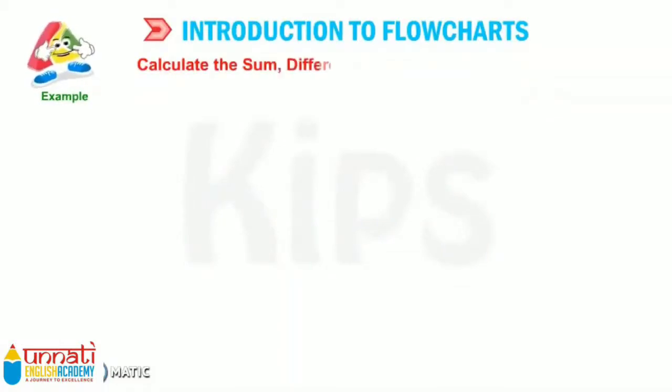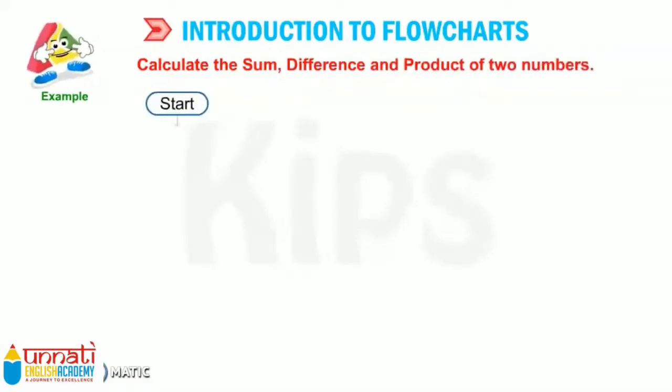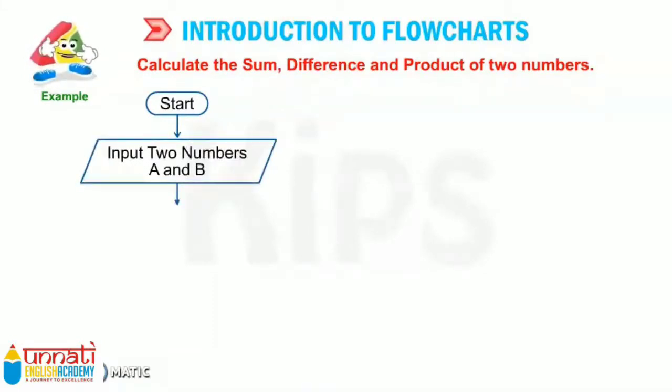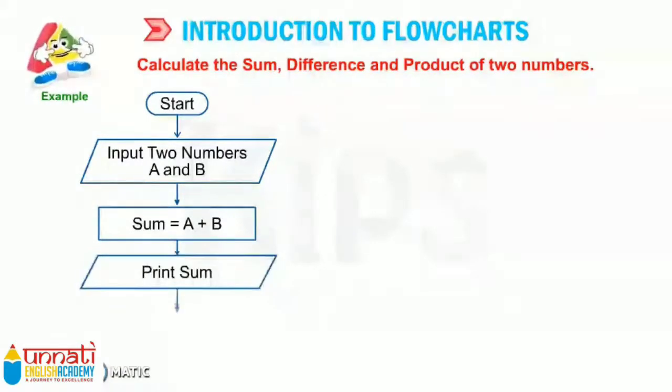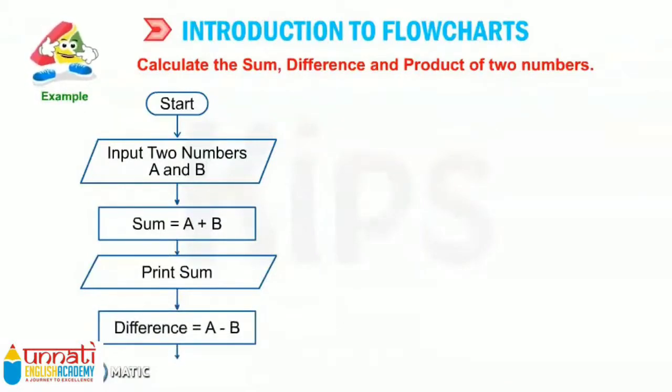Now the next example: calculate the sum, difference and product of two numbers. So what will be our first step? First step is start. Then we will input two numbers, A and B, that are the inputs. Now we will do the processing, that is, sum is equal to A plus B, so the processing box will come. Then we will print the sum and that will be the output, so the output box will come.